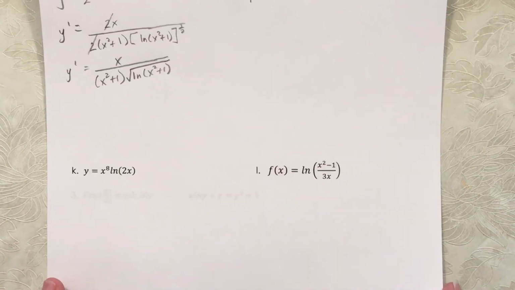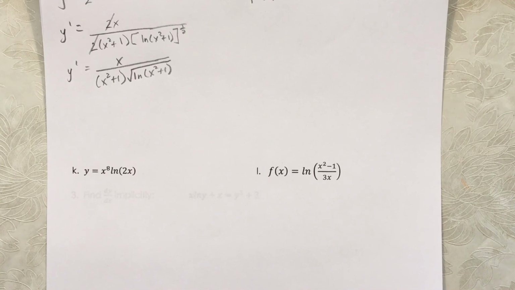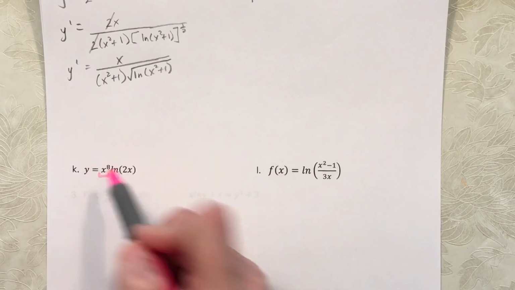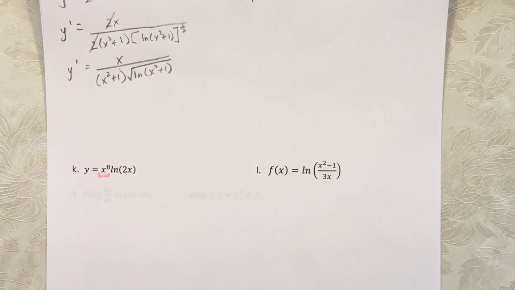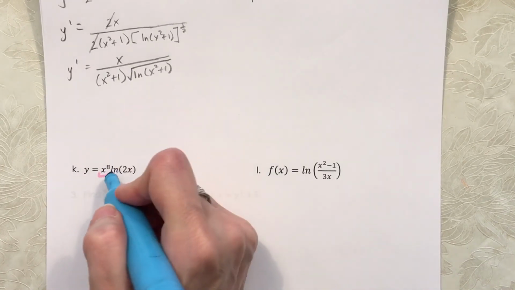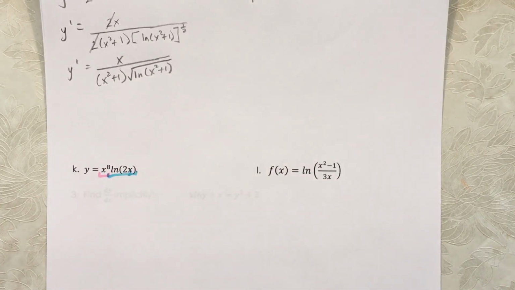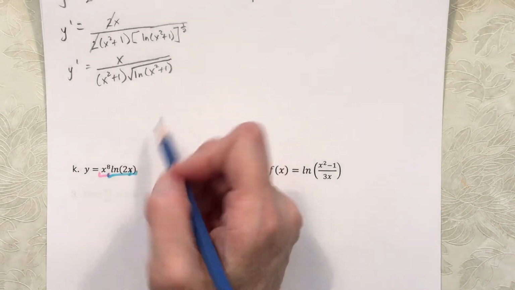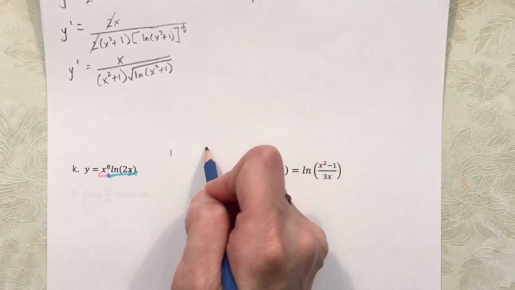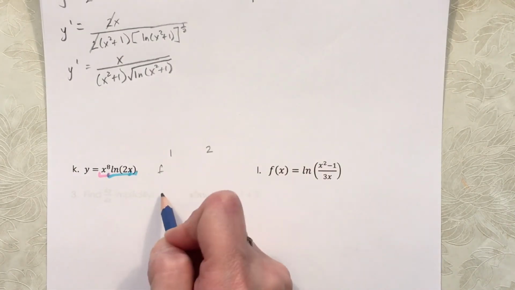All right, K. We've got y equals x to the 8th times the ln of 2x. So we want to think of this as a function of x to the 8th times another function of x, which is the ln of 2x. So there's a product rule there. So we're going to do our first, second function derivative.